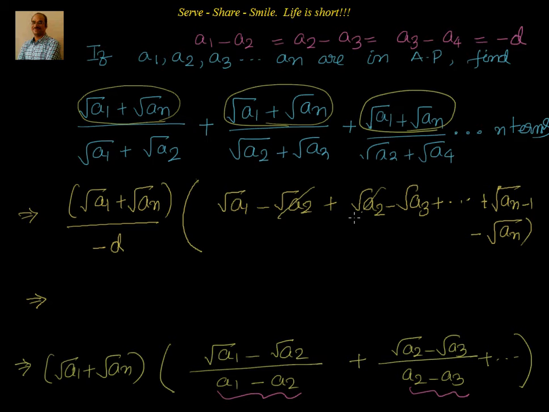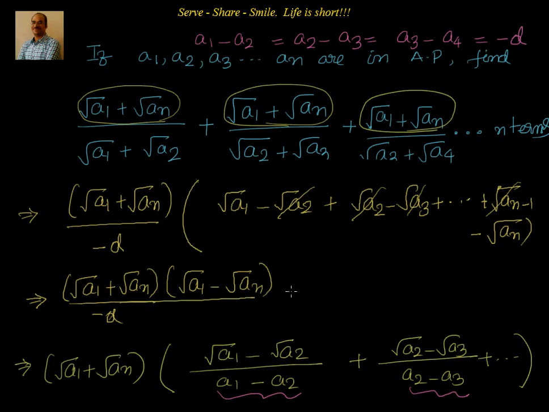You now see that all the terms will cancel other than the first and last term. So I can write it as root of a1 plus root of an divided by minus d, multiplied with root of a1 minus root of an. Again, this is in the form of a plus b into a minus b, that is a square minus b square. So a1 minus an divided by minus d.